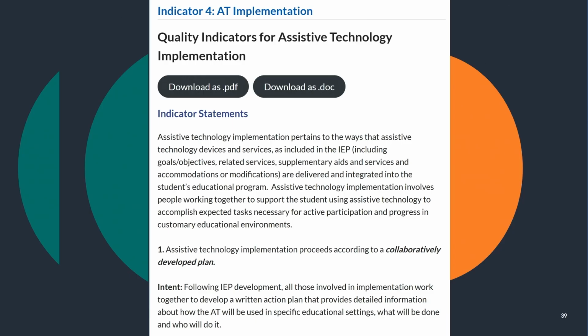Assistive technology implementation involves people working together to support the student using AT to accomplish expected tasks necessary for active participation and progress in customary educational environments. So the first indicator here that they state is that assistive technology implementation proceeds according to a collaboratively developed plan. So this is kind of like that AT implementation plan that I referenced when talking about documenting AT into the IEP.